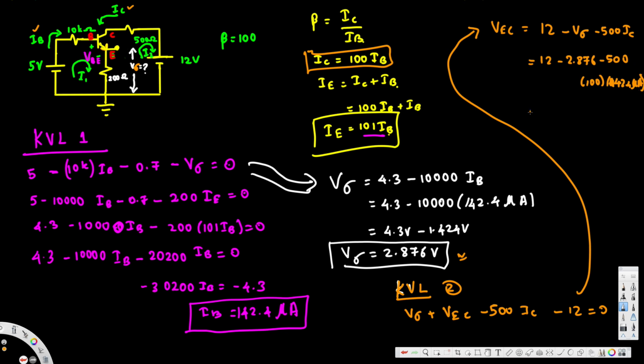Then if we simplify this one, it is 12 minus 2.876 minus 7.12, and that's going to be 2.004 voltage. That is the VEC voltage.